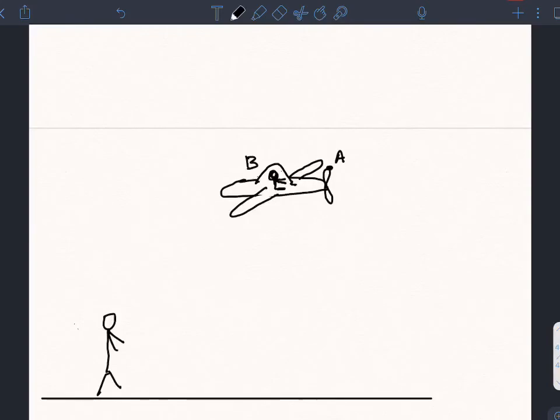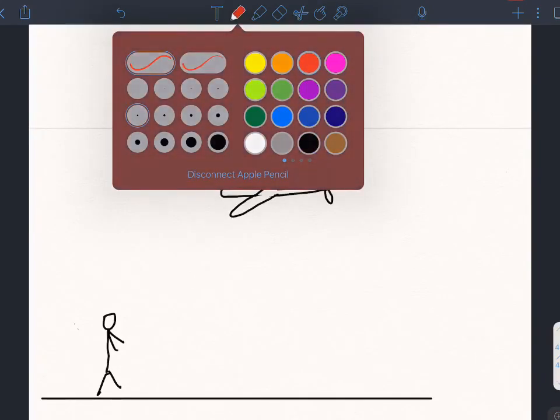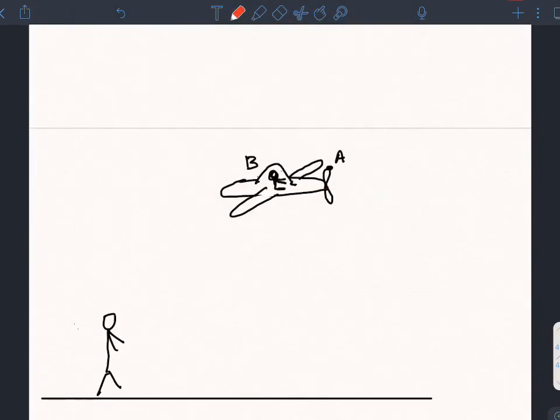So what we can write based on this observer, we can write the position of B, which is the pilot, and we can write the position of the propeller A here, and we can simply write the position of the propeller, tip of the propeller, with respect to the pilot.